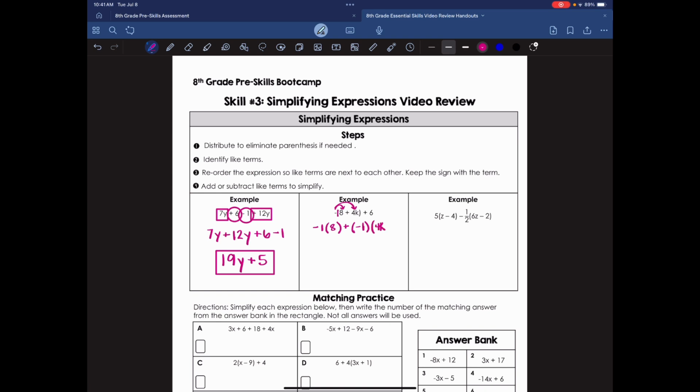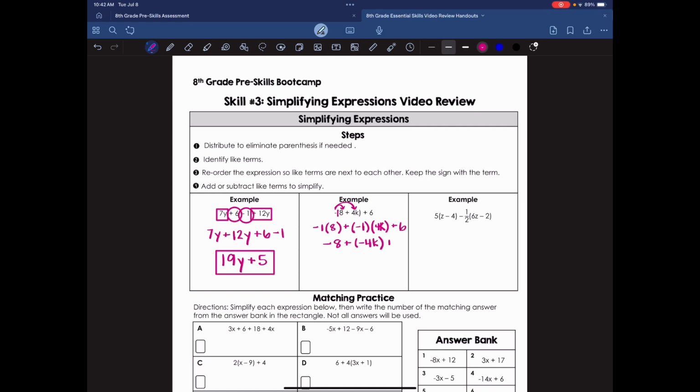Okay. And then because the 6 is not in the parentheses, that's not going to get the -1 distributed to it. So I'm just going to say +6. I'm kind of just bringing it along. Now let's simplify that. So -1 times 8 is -8, plus a -1 times 4k is a -4k.